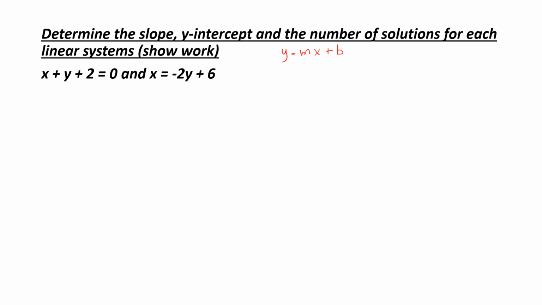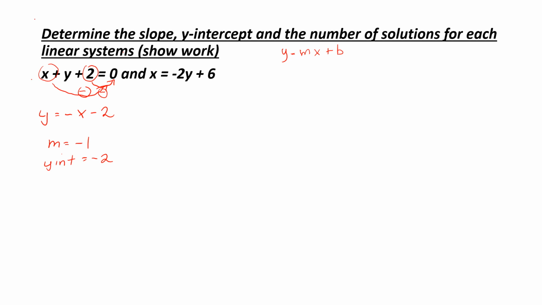In my first equation, to isolate for y, I'm going to take x and subtract it from both sides, giving me y equals negative x minus 2. So from this, my slope is the number in front of x, which is negative 1. My y-intercept is the constant, which is negative 2.